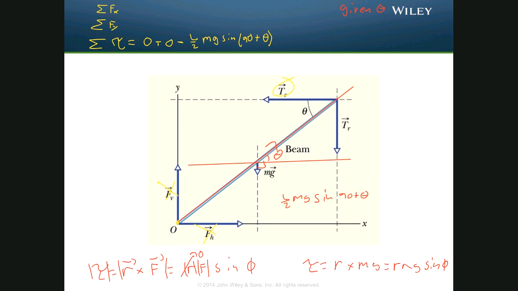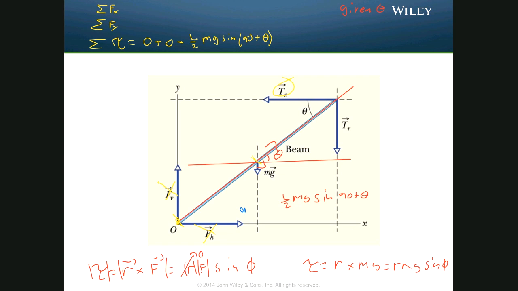Yes. So let me pick up a color. I'm taking blue. Are we taking this distance or this distance? No, neither. We're taking this distance. It's half the length of the beam.